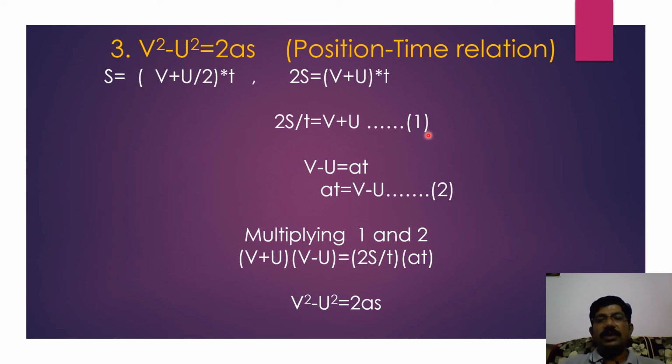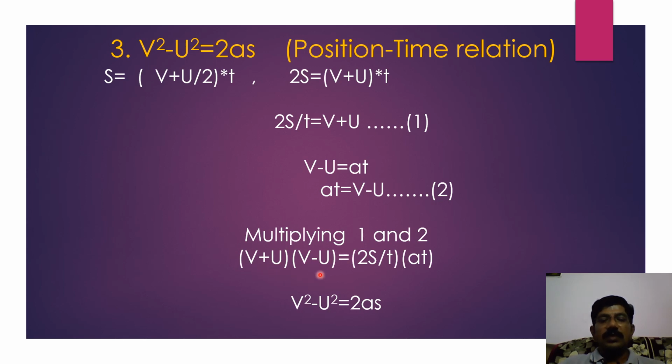This is equation number 1. This is equation number 2. Multiplying 1 and 2. The first equation is 2s by t is equal to v plus u. The second one is at is equal to v minus u. Multiplying 1 and 2, that is v plus u into v minus u is equal to 2s by t into at. Now it is in the form of a plus b into a minus b.